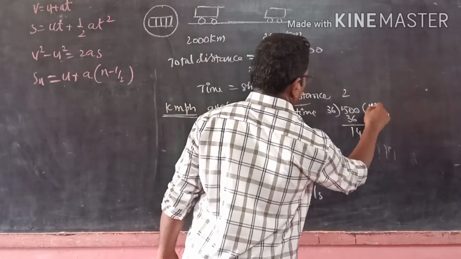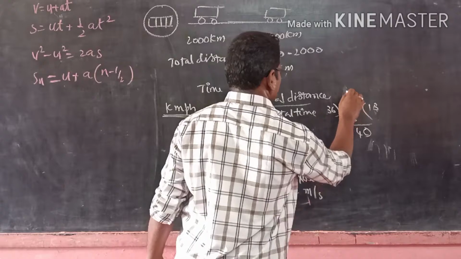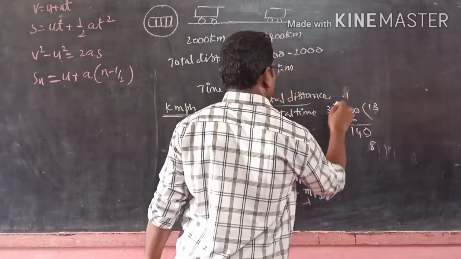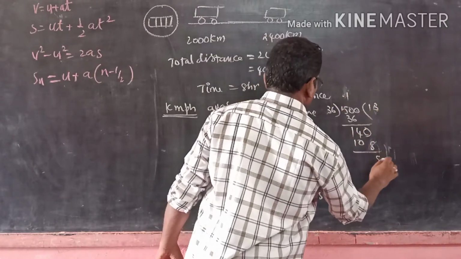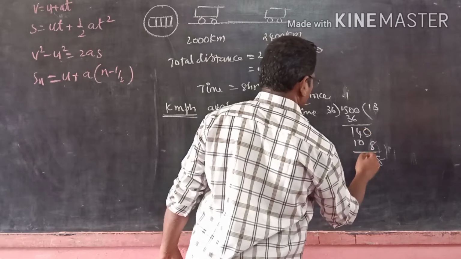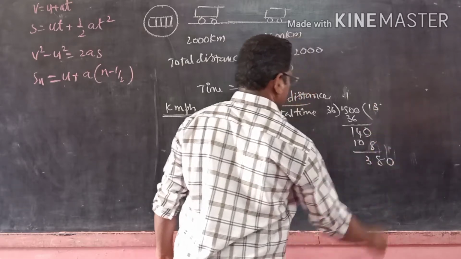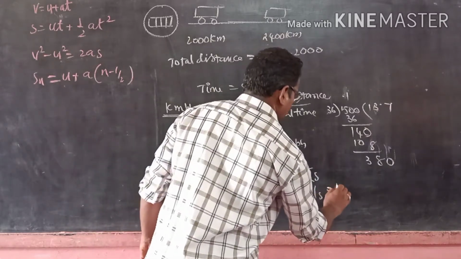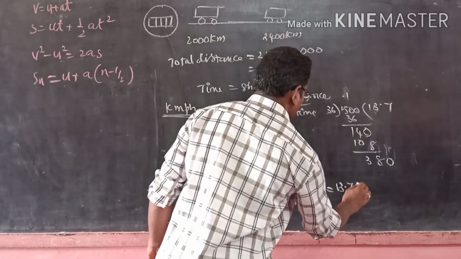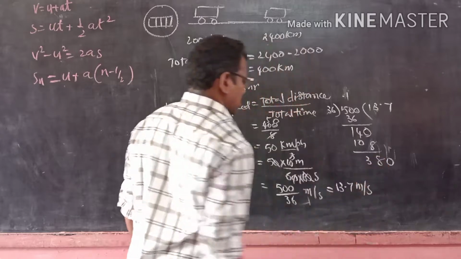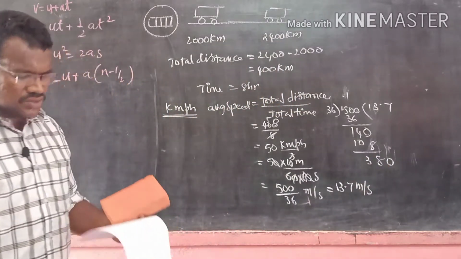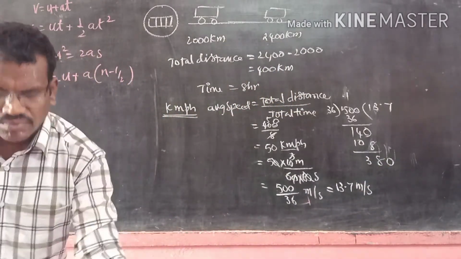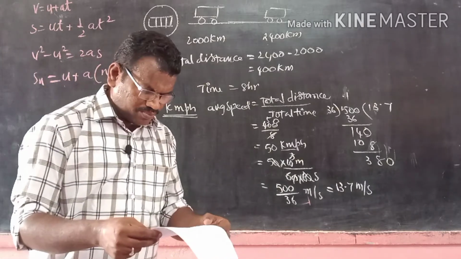It does not carry forward. So 3. 3 sixes are 18, 3 3s are 9 plus 1, 10. If you carry this, approximately it becomes 7. So the answer becomes 13.7 meter per second.